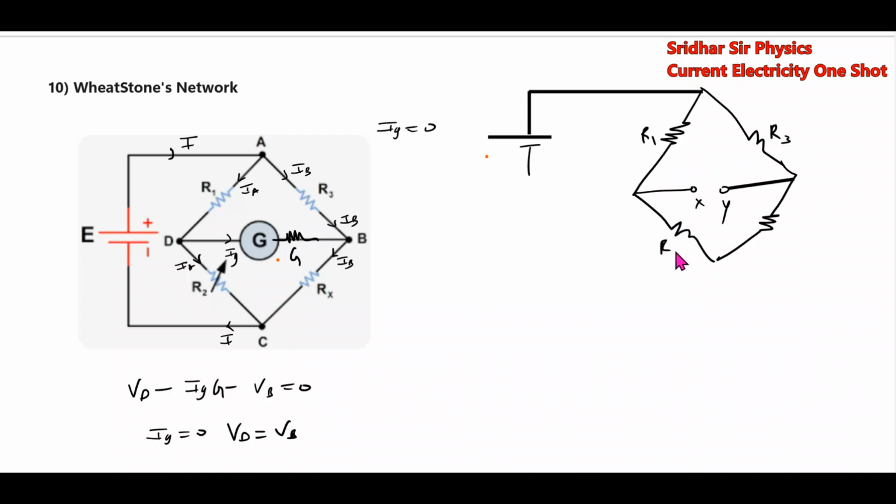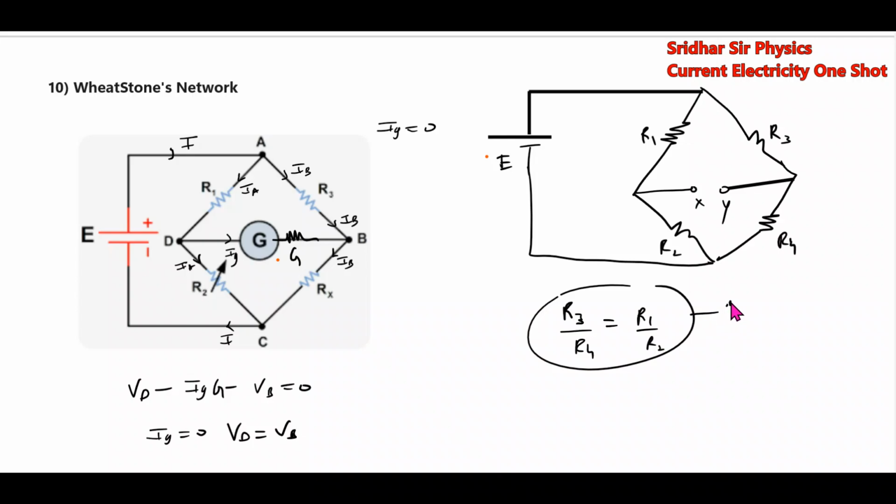When this condition arises, then R1 by R2 equal to R3 by R4. There is a condition for balance. We can say the bridge is balanced and current through galvanometer is 0, and any resistor connected here can be removed. So these are basic ideas of the Wheatstone network.